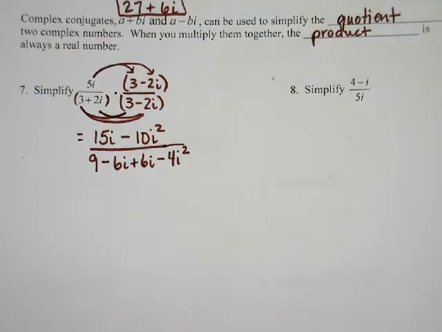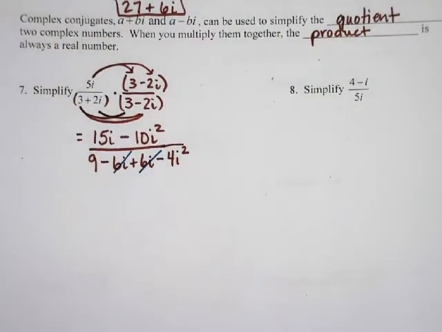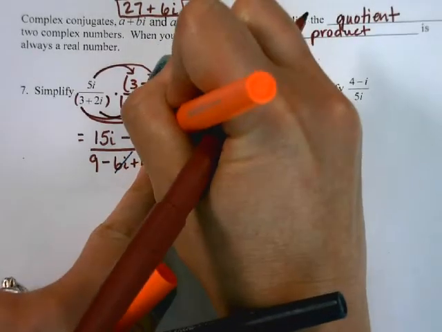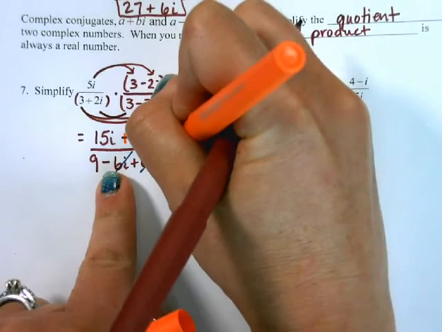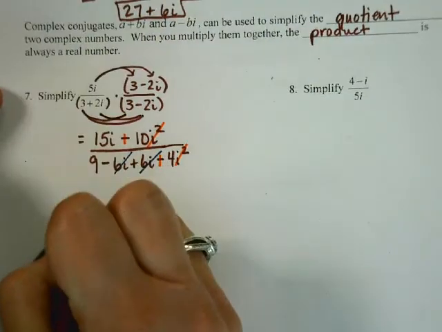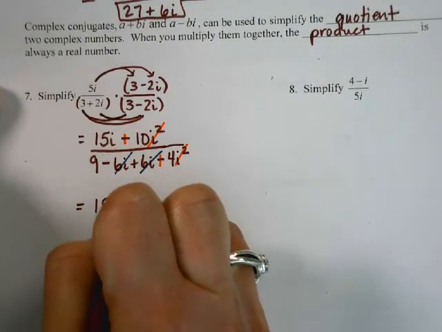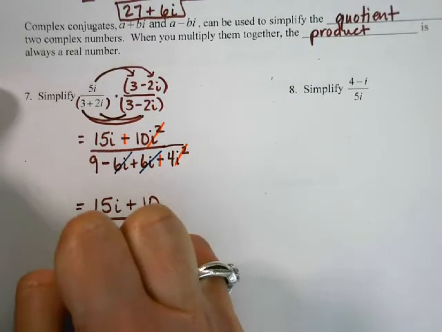Okay, let's fix some things. Those guys cancel. i squared we decided was negative 1, so I'm going to cross off the i squared and change the sign to a plus. Cross off the i squared, change the sign to a plus. So I have 15i plus 10 divided by 9 plus 4 now.